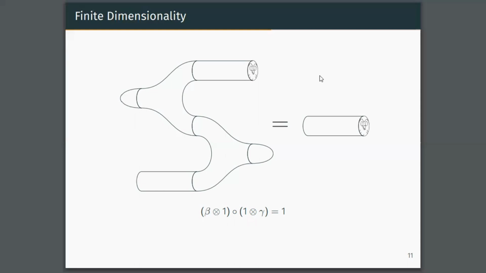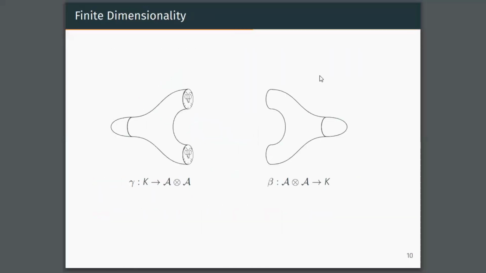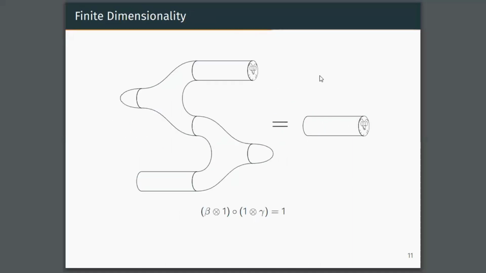Yes, in this case we have something from the ground field tensor something from A. Beta here is A tensor A to the ground field, and so on our left-hand side we're taking an element of A tensor an element in the ground field, and then we map it through this diagram.